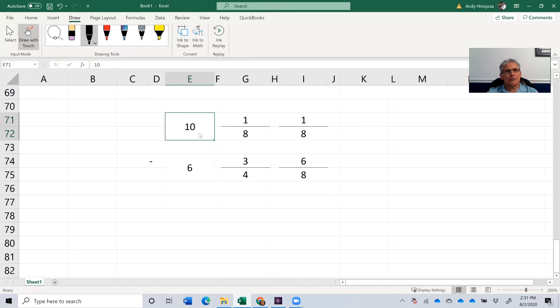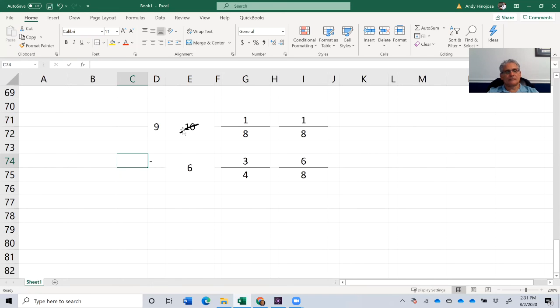So how are we going to do this? We're going to take a number from this, and that's going to leave us with 9. So we've taken a 1, we're left with 9, and we've got a 1 now. And we're going to take this 1 and add it to 1/8. Well, how do we do that? We look at the denominator of the number we want to add to, and that is 8.